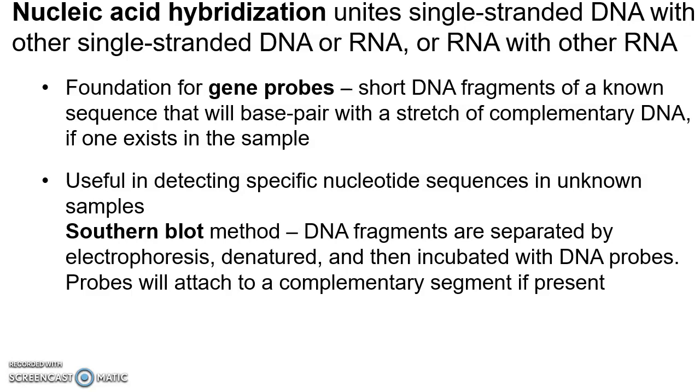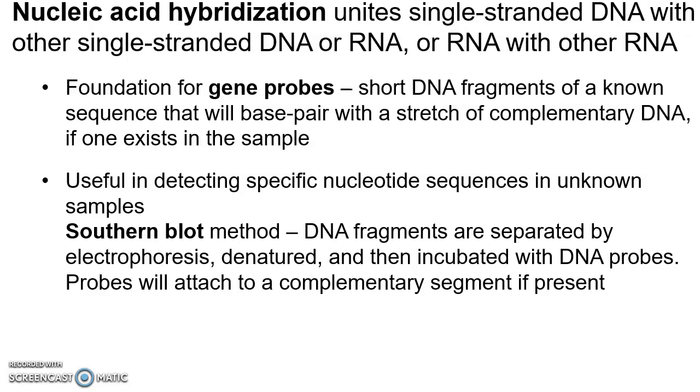So nucleic acid hybridization is a technique that can be used to create gene probes, and it's just using short fragments of DNA that have a known base pair sequence that will basically catch or help to find complementary stretches of DNA if there's one in the sample. So if you have a gene probe that is A, T, C, G, C, then it's going to find stretches of DNA in the sample that are complementary, and so there'll be T, A, G, C, G.